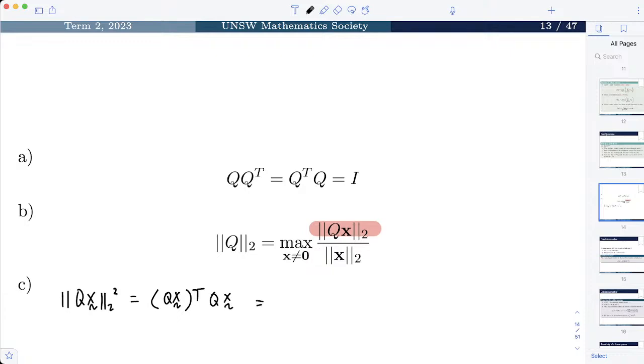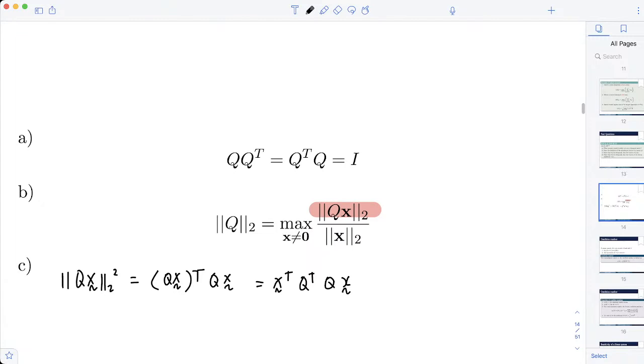If you just use linear algebra, that's going to give you X transpose Q transpose QX, and since we know Q is orthogonal, we have this condition over here, so this is equal to the identity matrix. And just to be rigorous, I would go ahead and write that out. But then what that gives us is just X transpose X, and this is just the dot product of X, which is just the 2 norm squared, right?